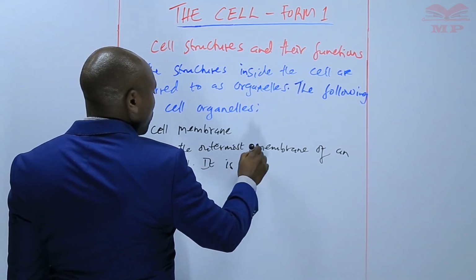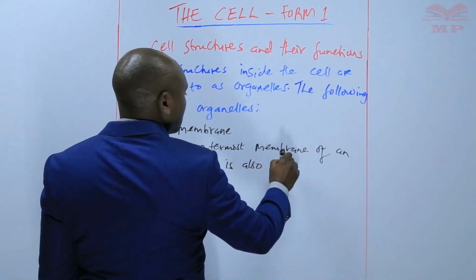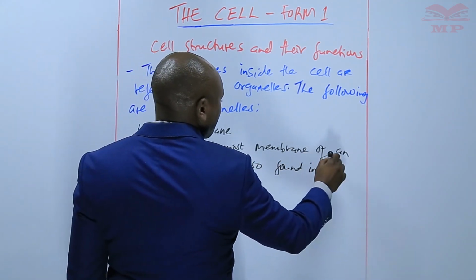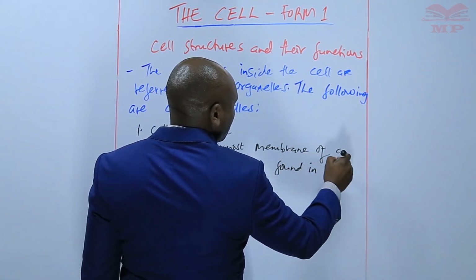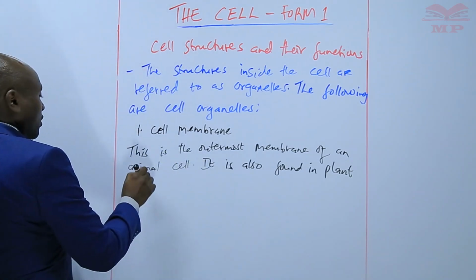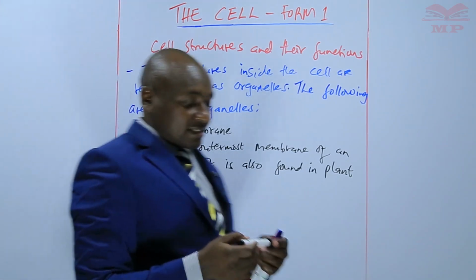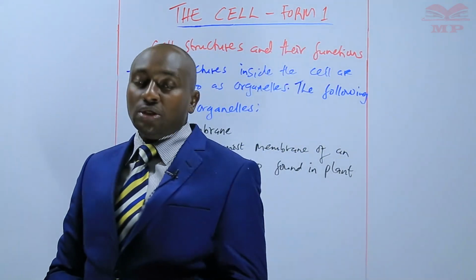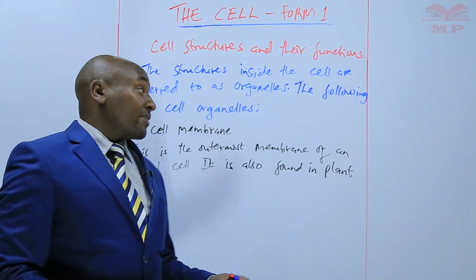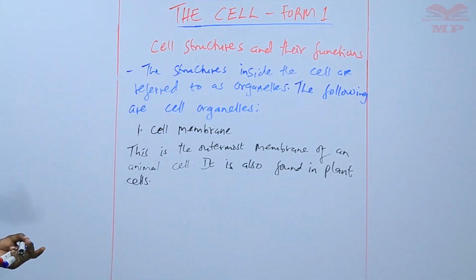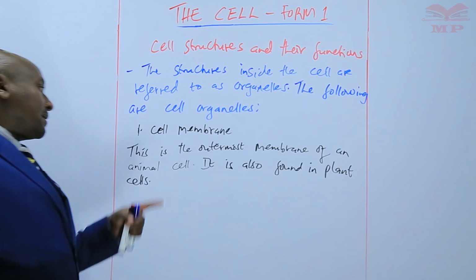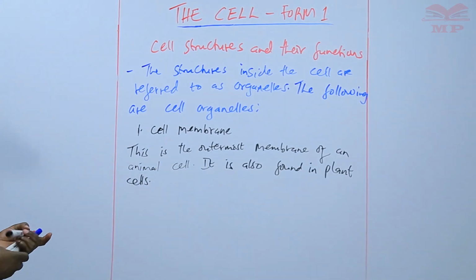It is also found in plant cells, though in plant cells it's not the outermost membrane. In a plant cell there is also the cell wall that we are going to study after this.